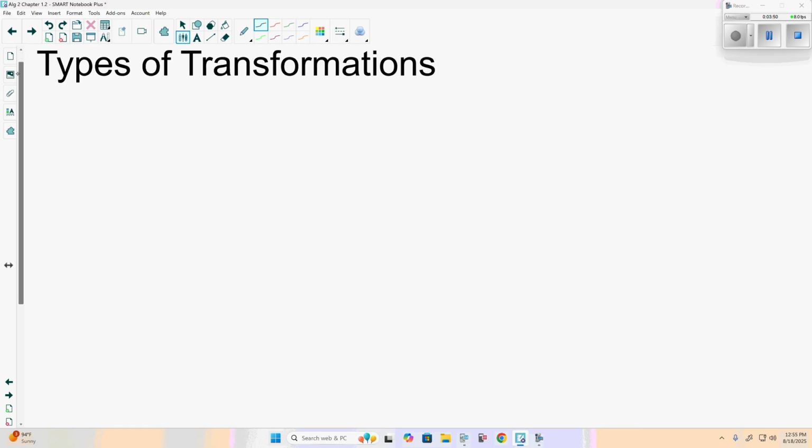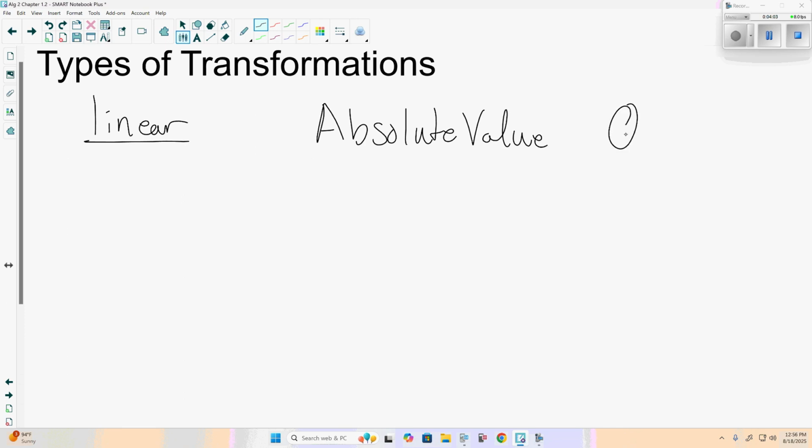Types of transformation. Now for this here, we're going to write down the general forms. We have linear, absolute value, and quadratic. Now the general form for linear.